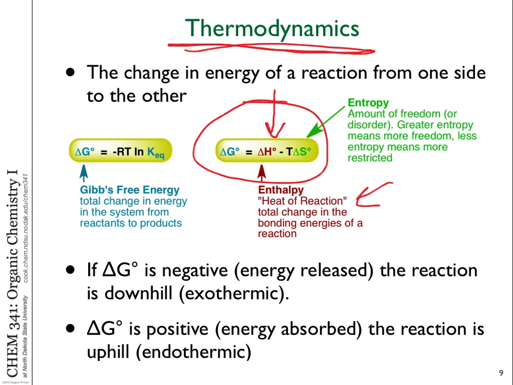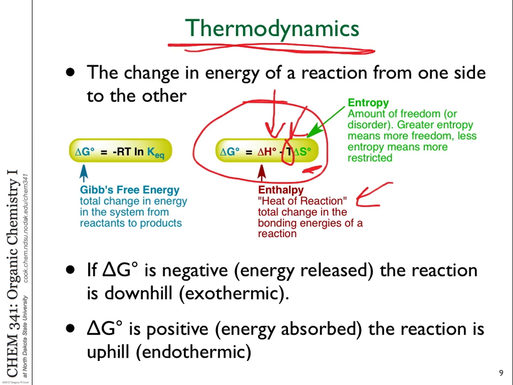The other part of Gibbs free energy is temperature, whatever temperature we're at, and entropy. Entropy, of course, is a measure of disorder. So if you have large changes in entropy in a reaction, that might be really important. But in most cases, we're not changing the entropy a whole lot.